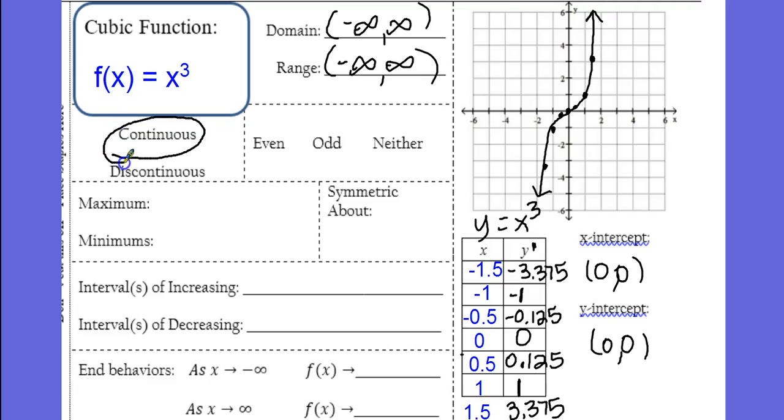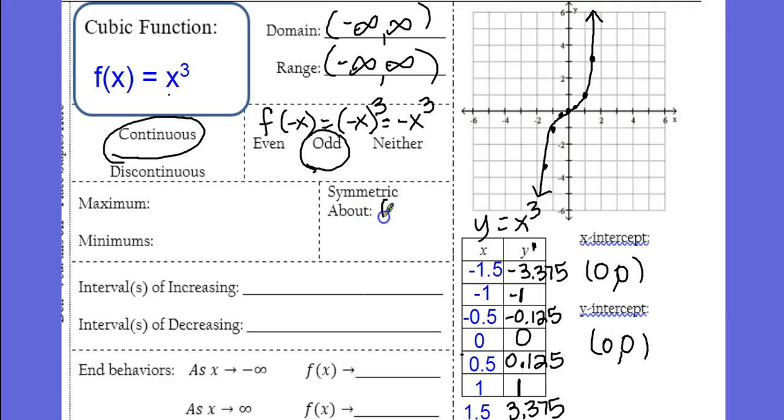Continuous. Okay, now let's do the test to see if it's even, odd, or neither. So if I plug in a negative x, that's a negative x quantity cubed. Do the math. What's negative x times negative x times negative x? Negative x cubed, which is the opposite of positive x cubed. So that means it is odd.